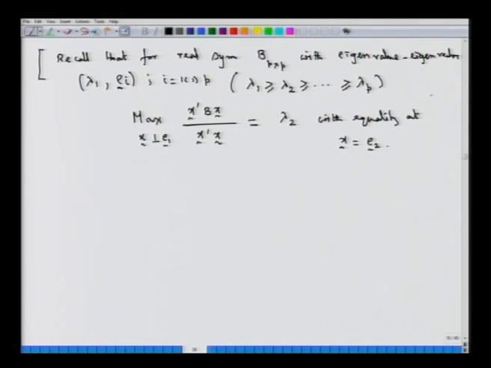right. Now, we had used the first version of this result while deriving the first pair of canonical variables. Recall that if we do not have the condition that x is orthogonal to E1, and we just look at the maximum of x prime Bx by x prime x for all x's, then this is achieved at the largest eigenvalue, lambda 1, and the equality is attained at x equal to E1.